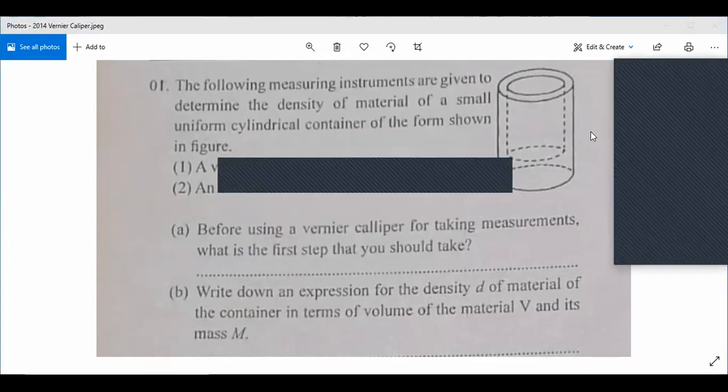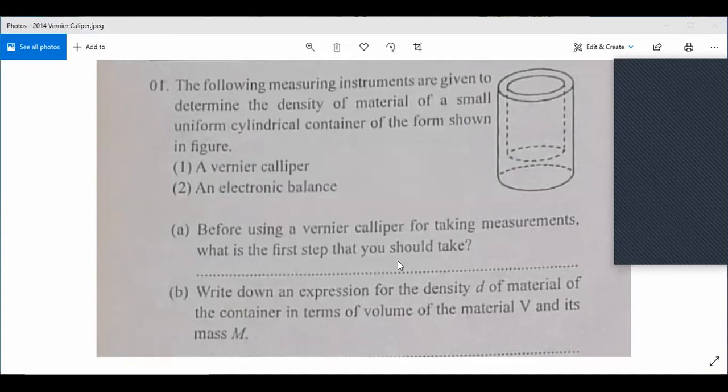No need to write the questions. So we move the vernier caliper section, we keep the external jaws in contact, and we check whether the instrument has a zero error. 2014 question number 1, the first structured part (a) question.